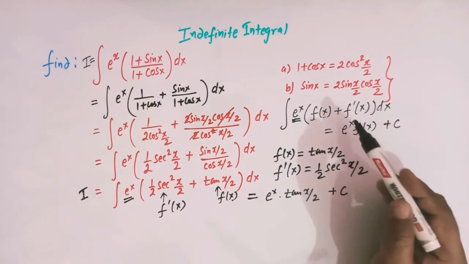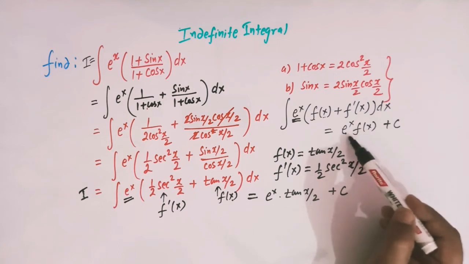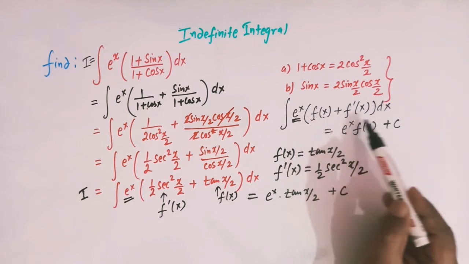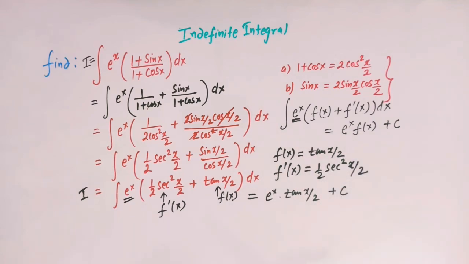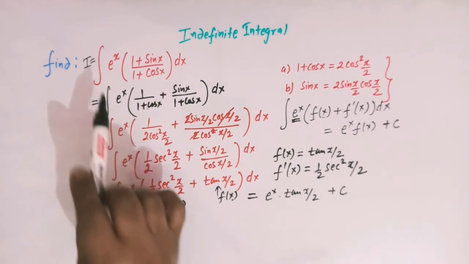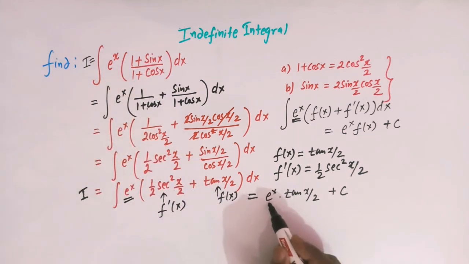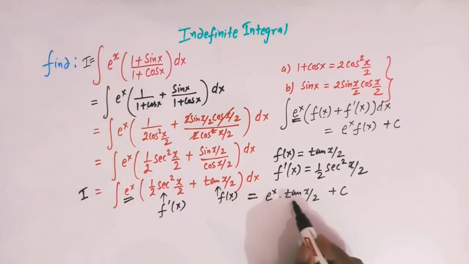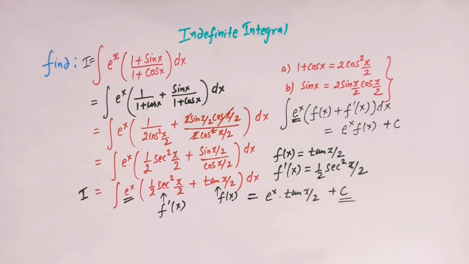Here we are not going to derive how we have obtained this relation. We can also derive it by making use of integration by parts, but here we are directly using this result. So the value of this indefinite integral is e raised to x times tan x over 2 plus c, where c is the constant of integration.